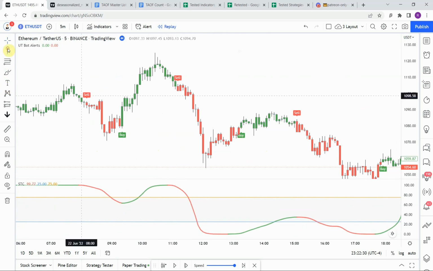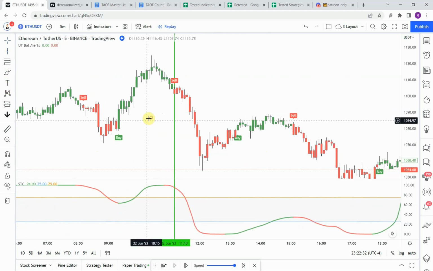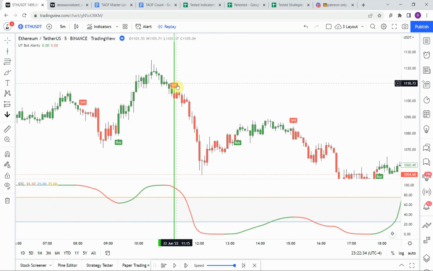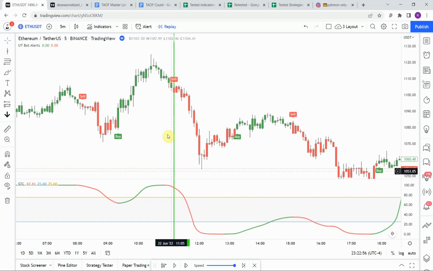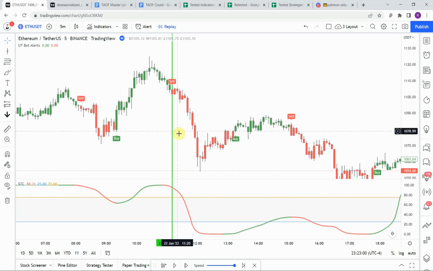Right here would be a good example of what the original video showed. And so you get the sell signal right here, and when you get a sell signal, you're looking for the STC line to be up here above the orange line, and you're looking for it to be red, and you're looking for it to be pointing down. And so all that matches a sell signal right there. Get that sell tag, it's pointing down, it's red, and it's above the orange line.